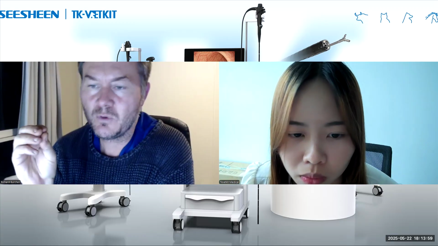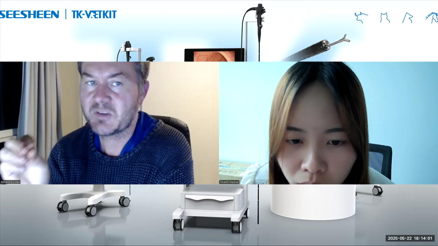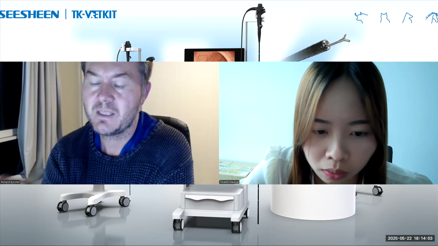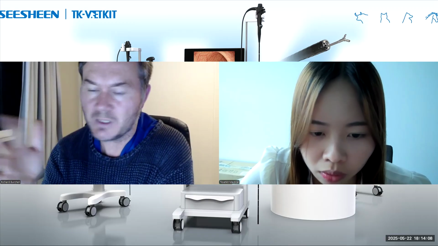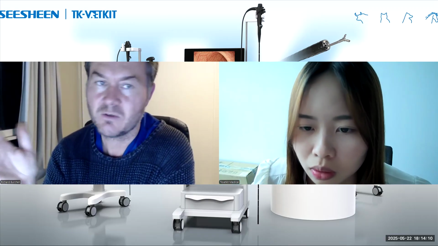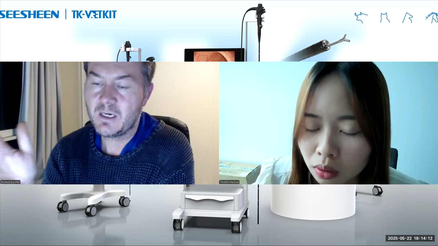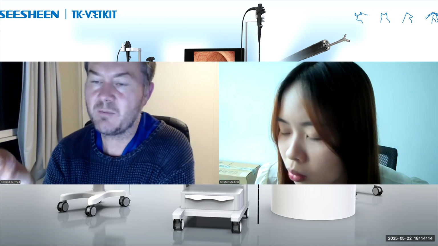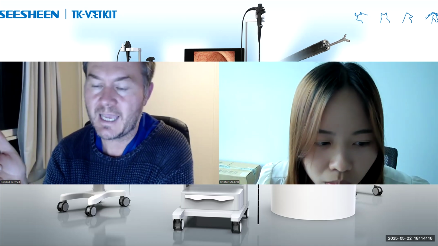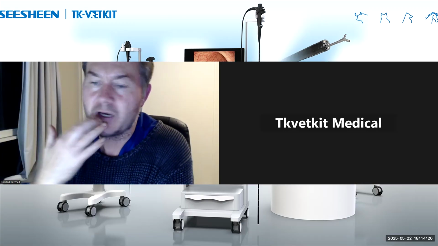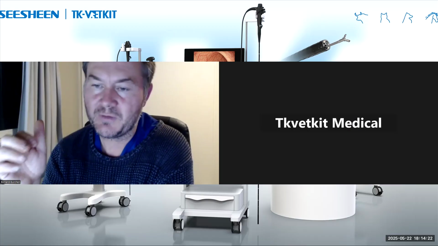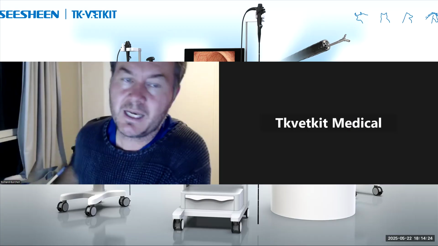If there's enough space around your scope that the animal can breathe past your scope, and you're monitoring its clinical status, then I don't think you have to have oxygen. I don't always use oxygen if I'm using a narrow bronchoscope in a big animal that's able to breathe. So I think that's the short answer from a principal point of view, but it's not really something that I treat.